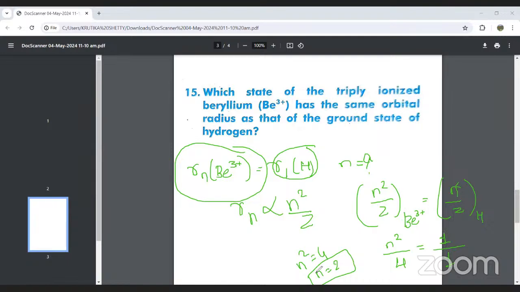So simplify, you will get n is equal to 2. Meaning the ground state of hydrogen is equal to the second state of triply ionized beryllium, right? So that is the meaning of the answer. So copy down this. This is an important question, copy down.